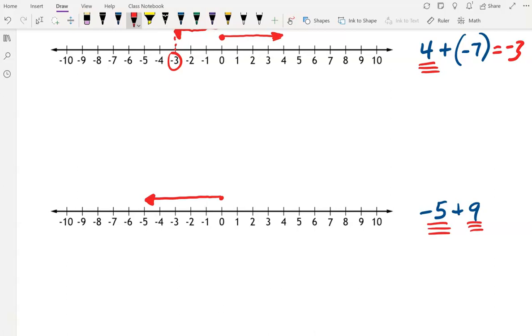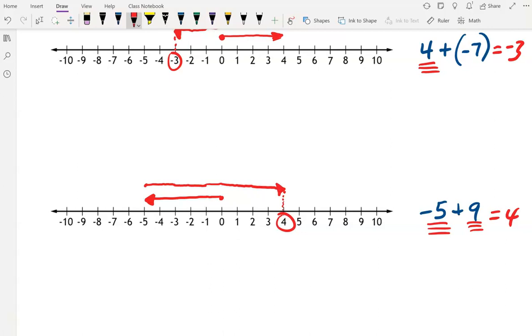That means we're moving to the right on our number line. 1, 2, 3, 4, 5, 6, 7, 8, 9. And when we go from negative 5 and we add positive 9, we get positive 4. Beautiful, right? Negative 5 plus 9, positive 4.